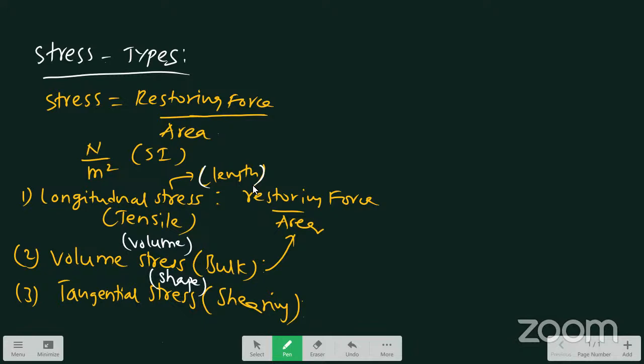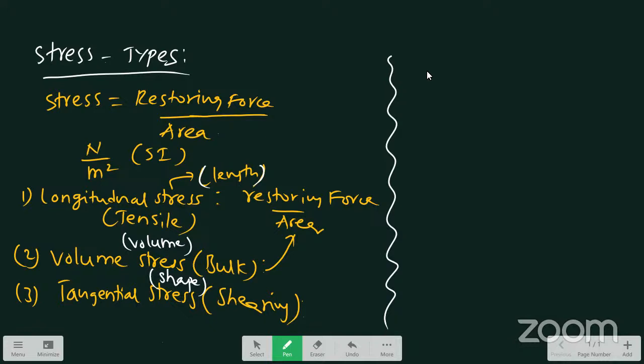Here, deformation force is applied, length changes. Deformation force is applied, volume changes. Deformation force is applied, shape changes. This is stress. Almost all definitions are the same. Here length changes, here volume changes, here shape changes. Remaining statement same. This is stress types.